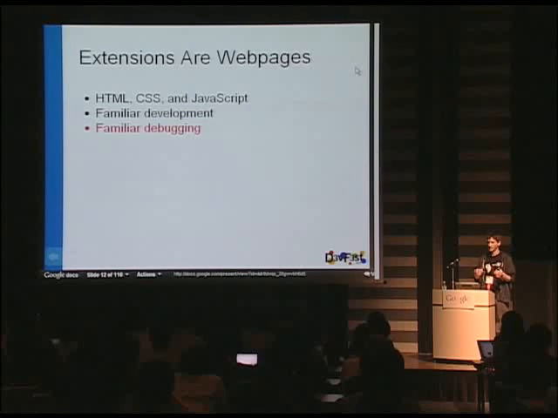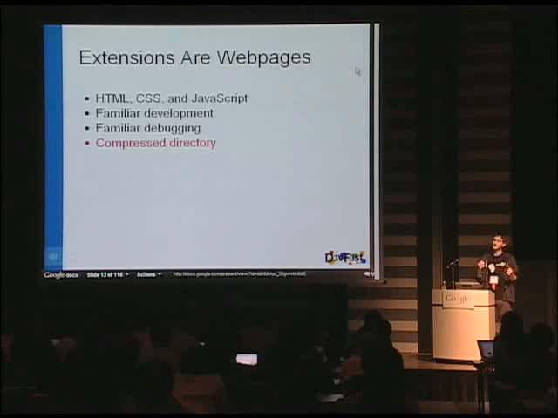In the same way, the debugging process is very similar. If you have used the developer tools in Chrome at all, you can use them equally with extensions as you can with web pages. And finally, once you're done building your extension, you take the directory where you have all your components, and it just gets zipped up, and you can ship it off to users. It's just a regular zip file with a little signature added to it.